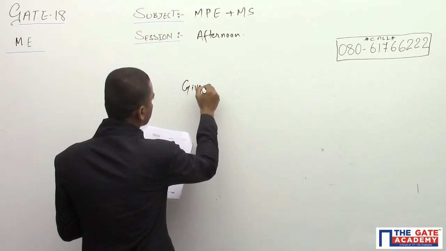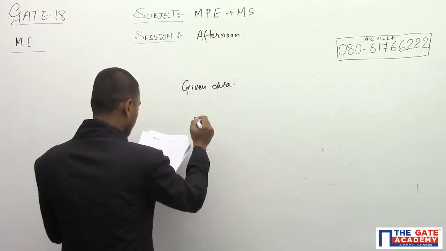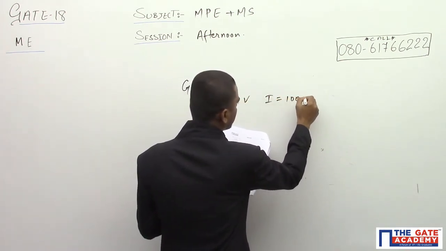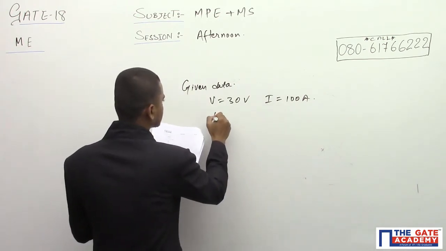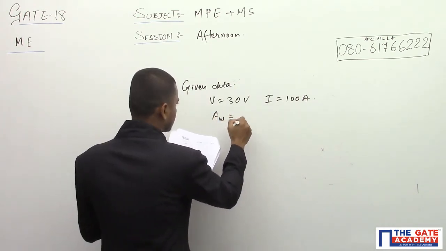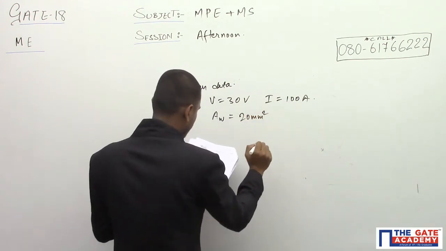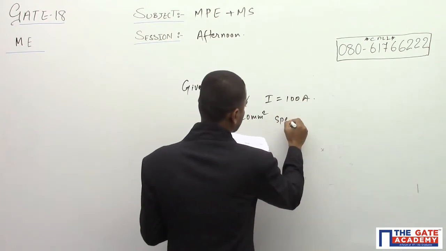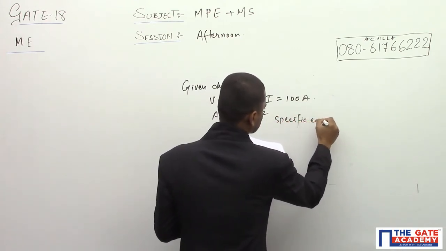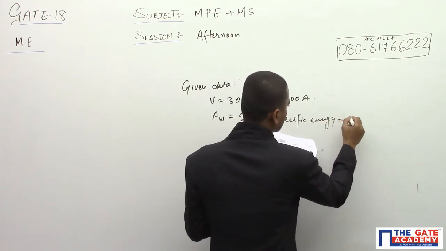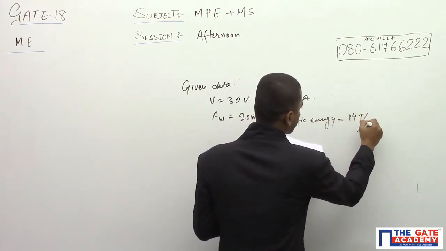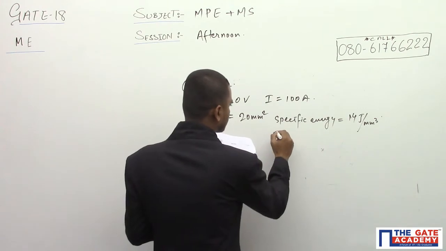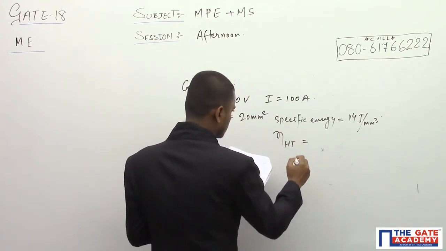So given data, we have voltage which is equal to 30 volt, current which is equal to 100 ampere, then cross-sectional area of the weld, it is given as 20 mm square, and specific energy which is equal to 14 joule per mm cube, and then heat transfer efficiency which is equal to 70%.